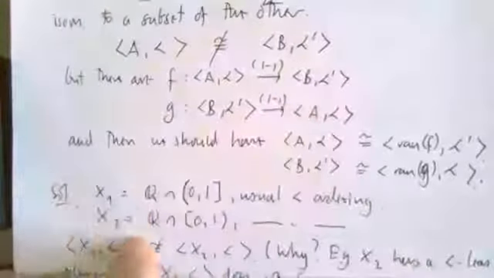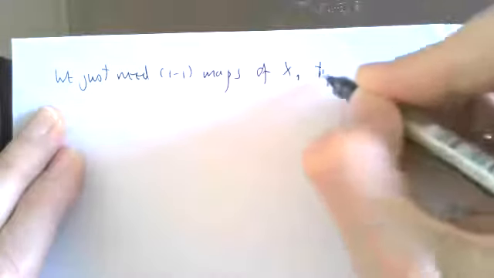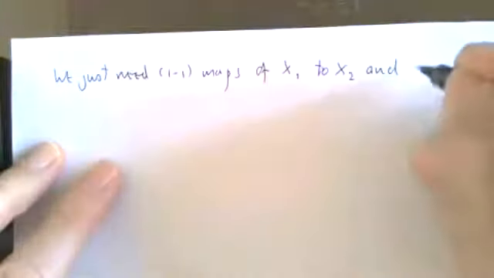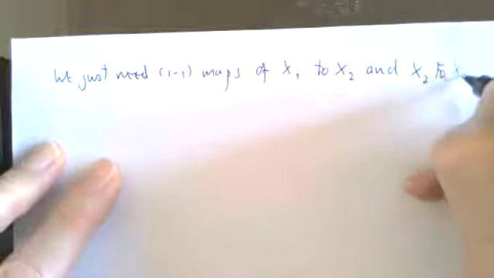But now we just need one-to-one maps, injections, X1 into X2 and X2 into X1.